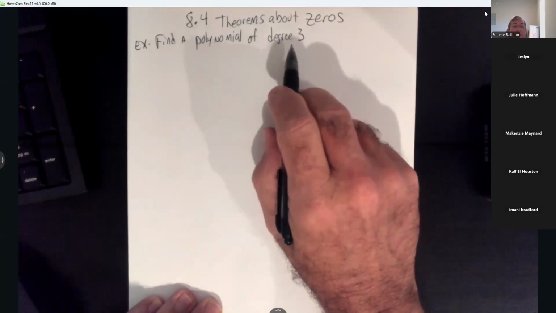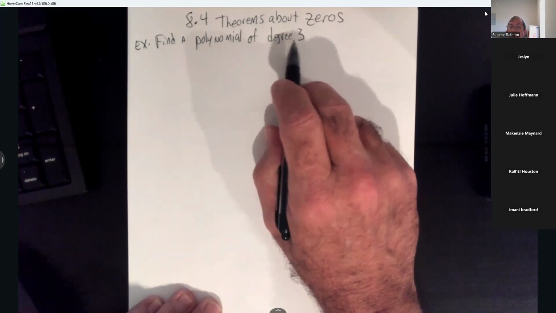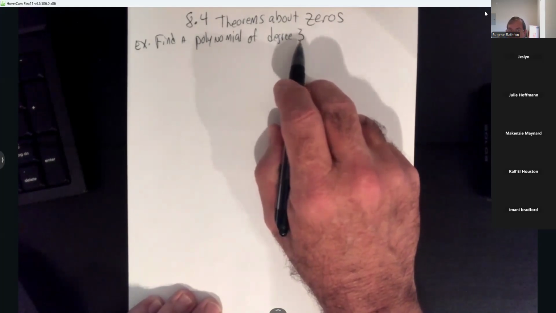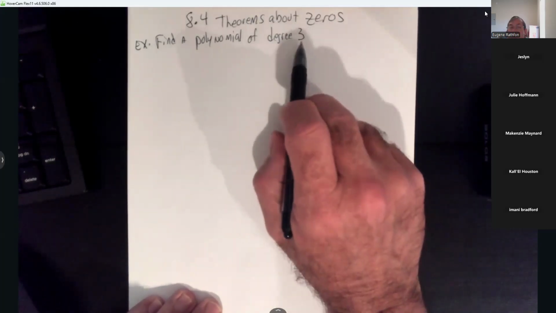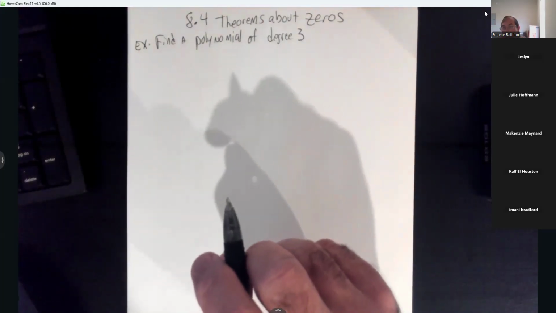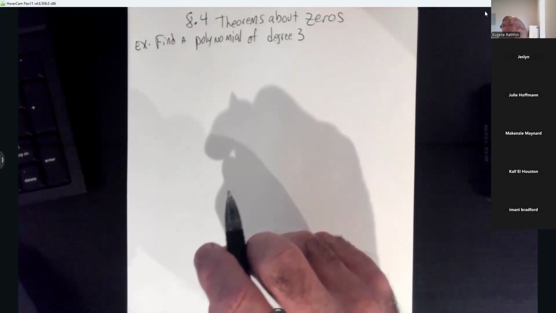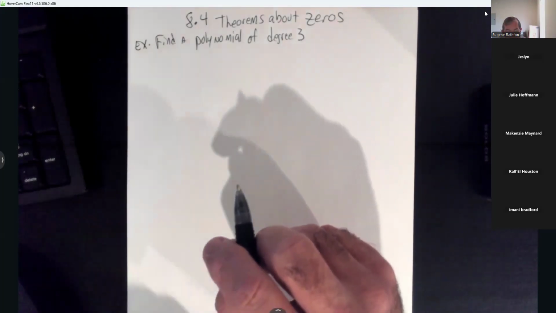When they say degree 3, they mean the largest exponent of your polynomial has to be a 3, okay? Now, if they're telling me it's a degree 3, that means they better give me 3 zeros. Because remember, the degree is equal to the number of zeros for that polynomial.